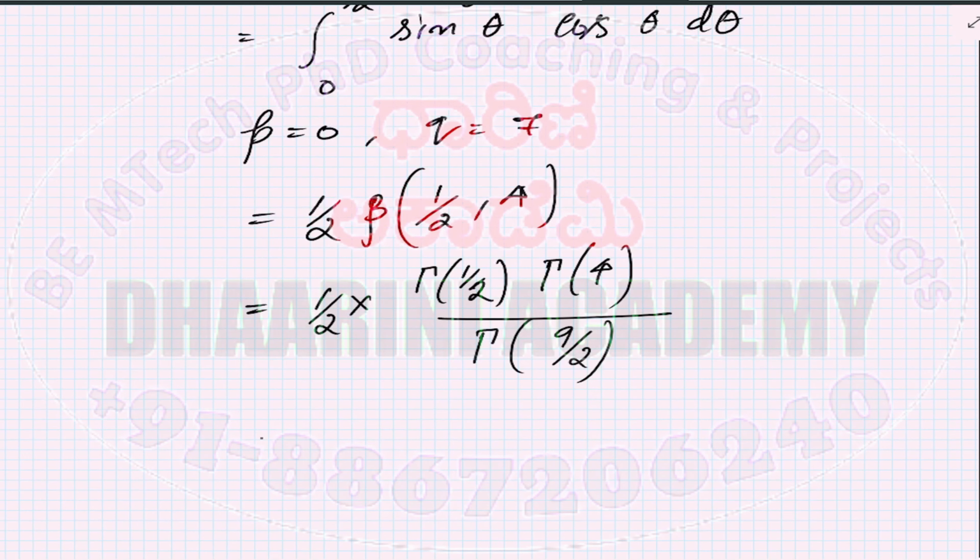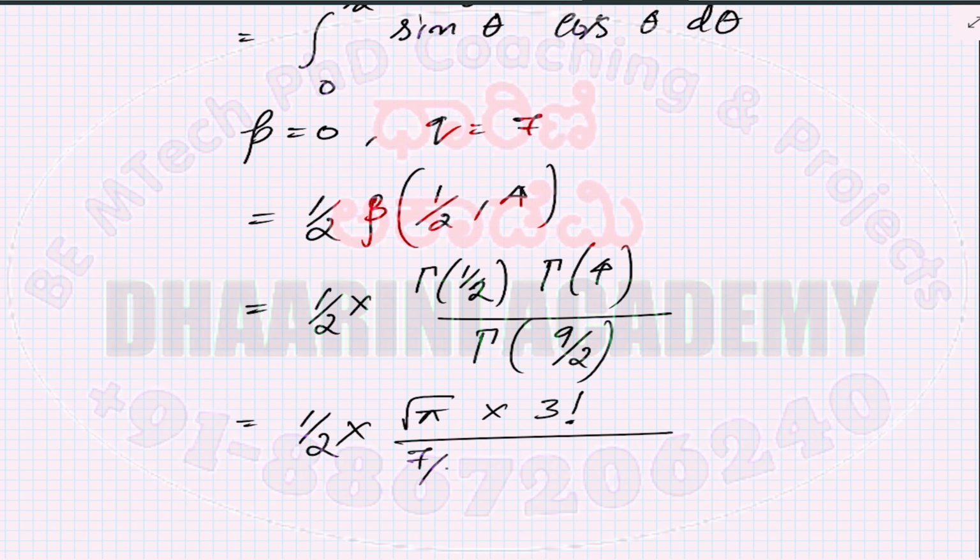I just have to simplify this now. So this is equal to half. Gamma half is root pi into gamma 4 is 3 factorial whole divided by gamma 9 by 2, which is 7 by 2 into 5 by 2 into 3 by 2 into 1 by 2 into root pi.